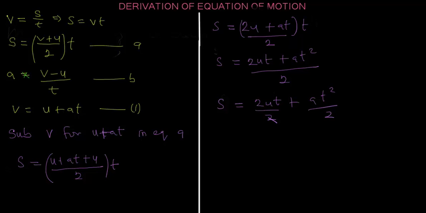So these two cancel out. So s is equal to ut plus, now this over 2 can be written as 1 over 2 at squared. This is our third equation of motion.